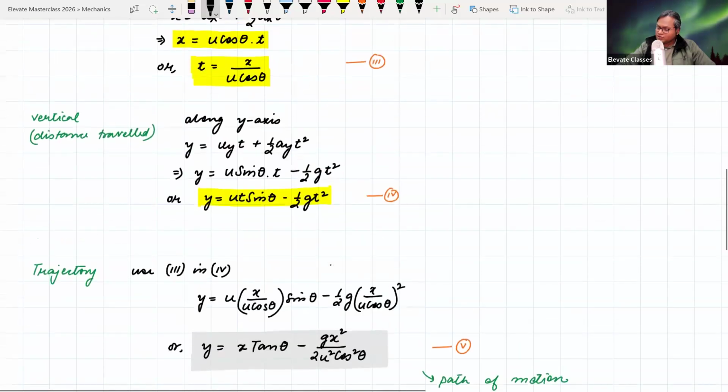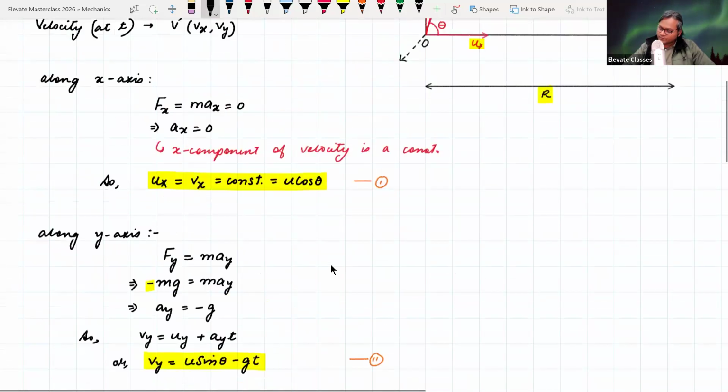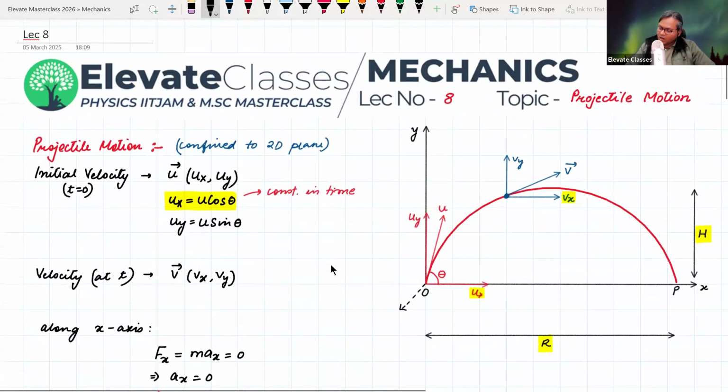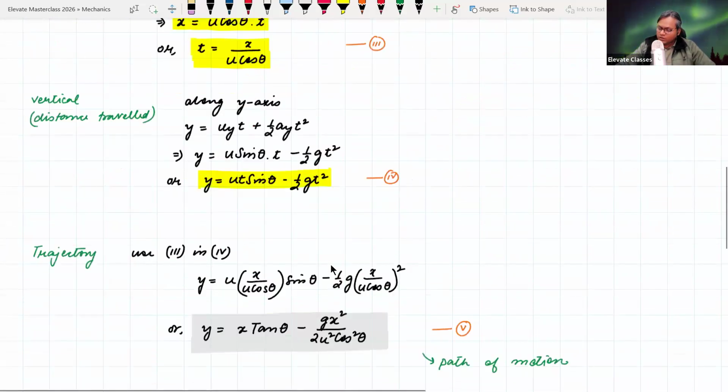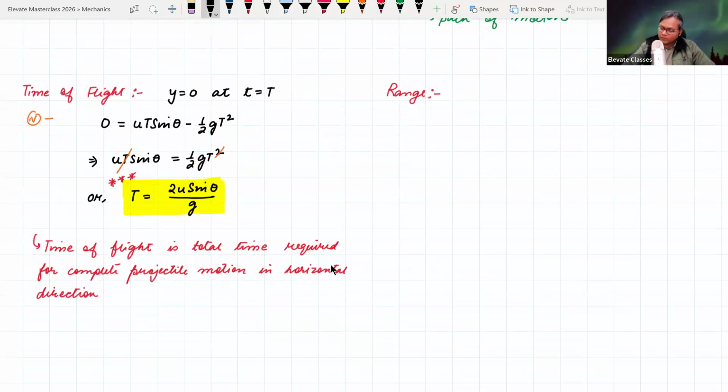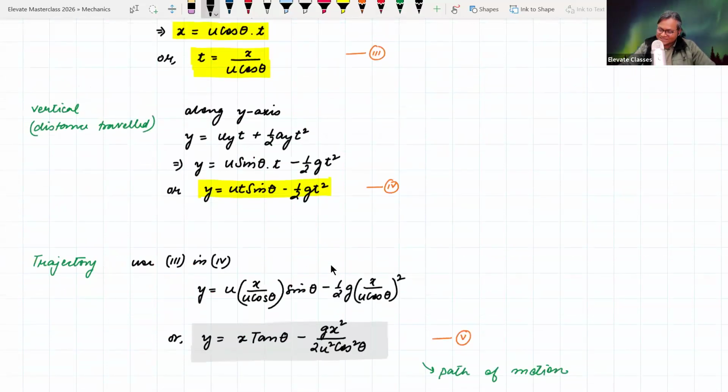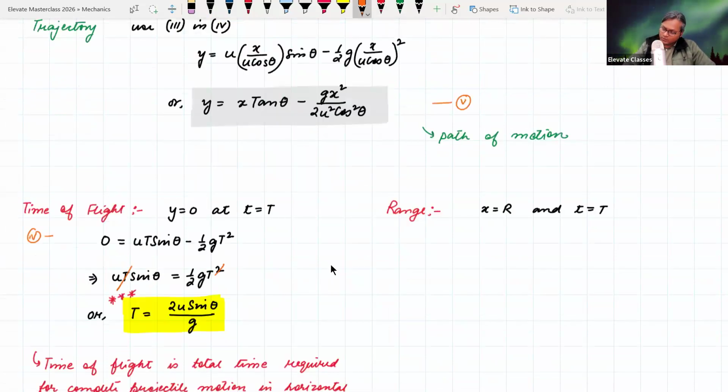So if you look at the range, it is essentially x is equal to r. And the range is completed over the full time of flight. So x is basically equal to r and t is equal to time of flight. So if I use equation number 3, x is equal to u cos theta t, and I substitute everything.